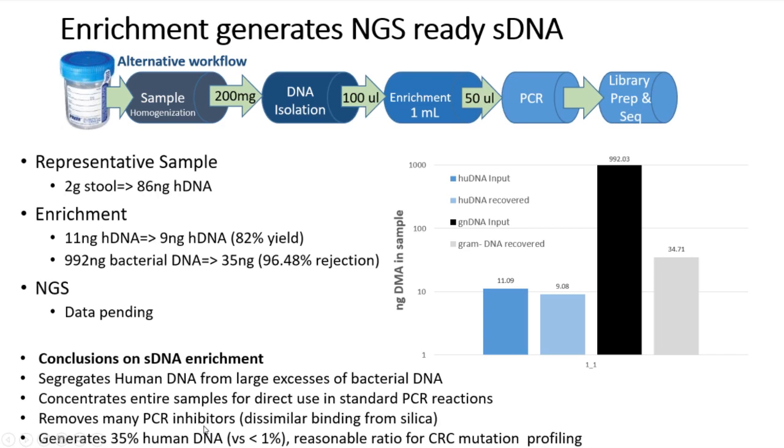And we assume that this is because an enzyme is not at all like silica. There are a lot of things that stick to silica because of its charge state that just don't happen with a restriction enzyme. And as I said, the bottom line is we end up with about a 35% human DNA concentration, way better than 1%. And so that puts us in a reasonable position to do CRC mutation profiling.